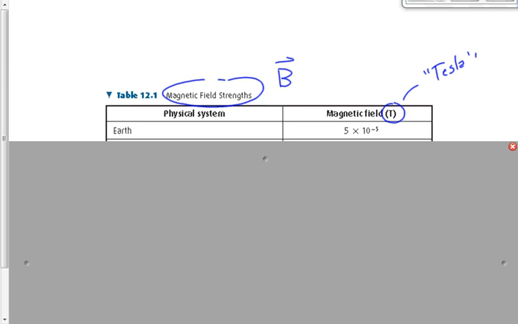Now, the Earth's atmosphere will also protect the Earth from these charged particles. So it's not like we're completely unprotected, but we would have less protection, and there would be increased incidences of cancers and things like that as a result of that.